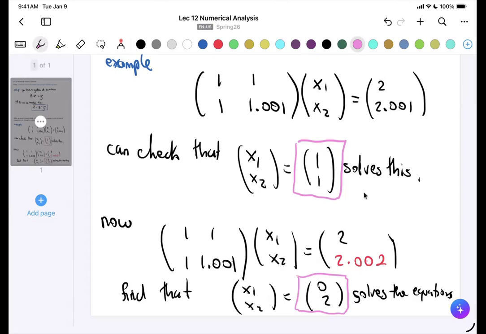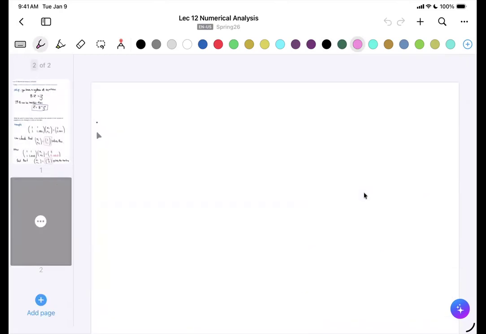So it seems plausible that a big change is related to the fact that this matrix is close to almost not being invertible, and that is true, but still, the condition number of the matrix is a slightly more precise way to make this more clear.